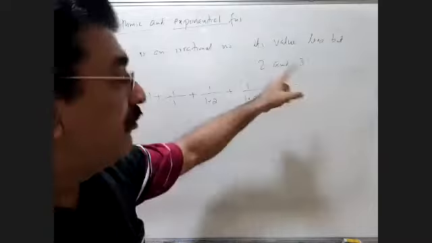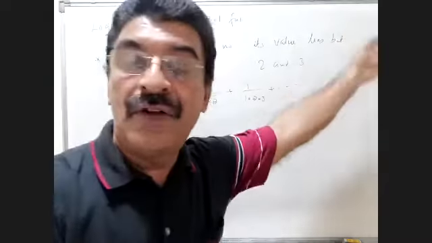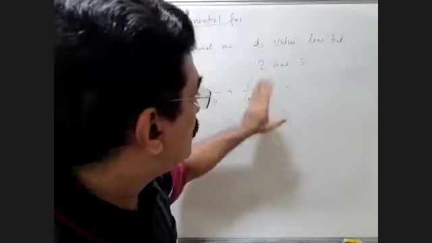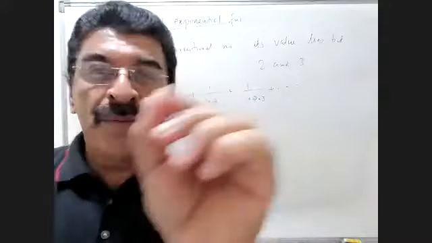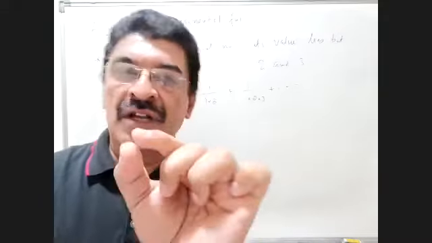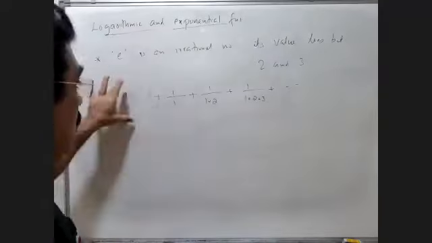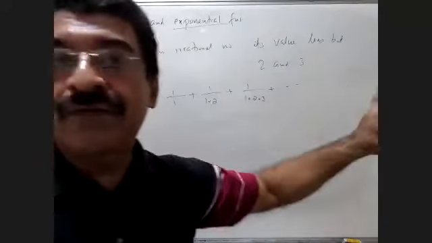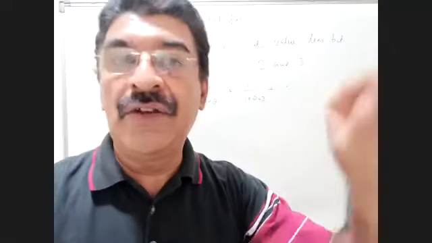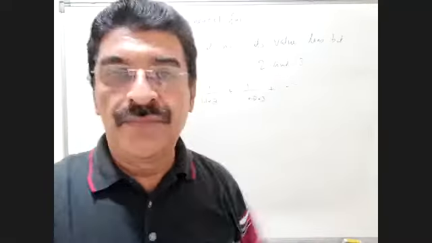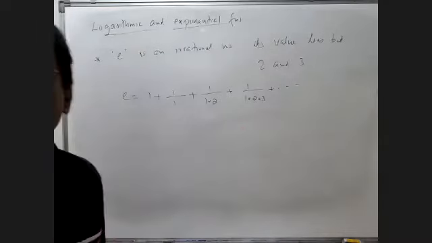Next is 1 by 1 into 2 into 3 into 4. After each step the number becomes smaller and smaller and goes nearly equal to 0. It's an infinite series. If you calculate it, its value comes nearly 2.718 and it goes on. This is the value of e.